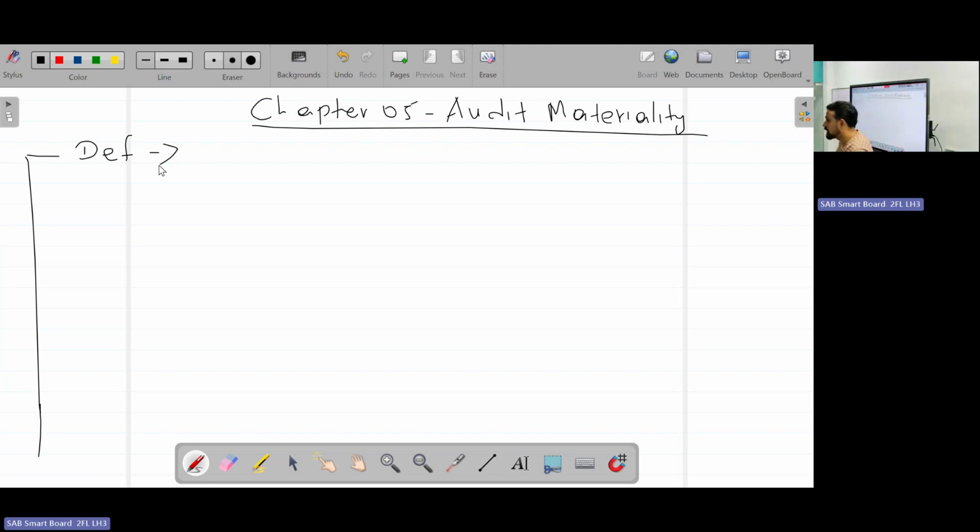That 5,000 has not changed his decision. Okay, the key point: if misstatements affect the decision making of financial statement users, that misstatement or misstatements are called material, individually or in aggregate.